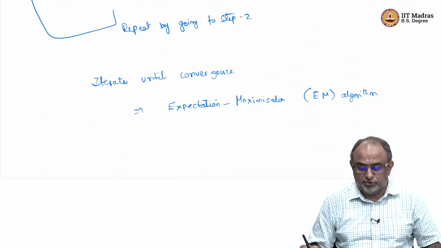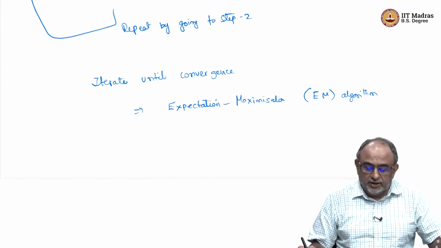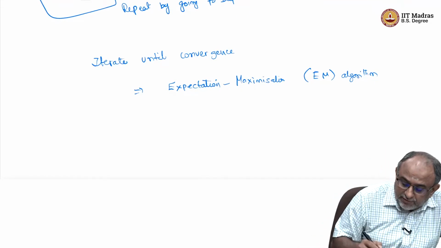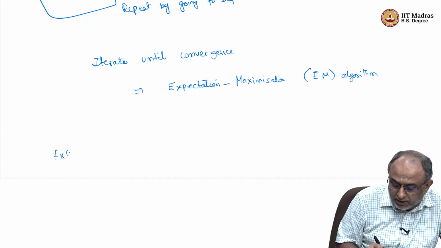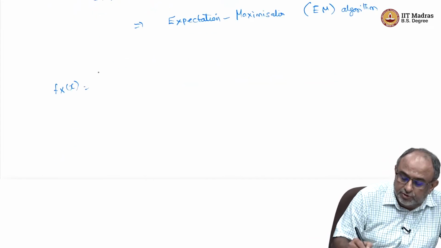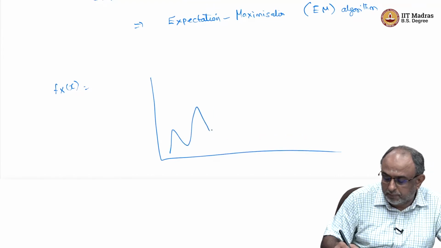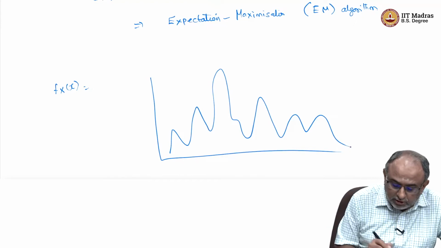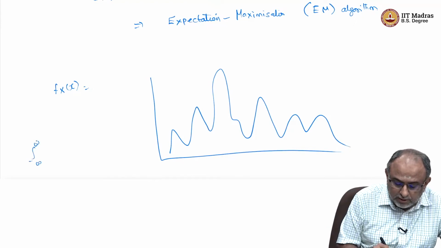So, if I can do it for 2, I can fit, for example, some arbitrary distribution that looks like this. Okay. We know that the total area of this should add up to 1.